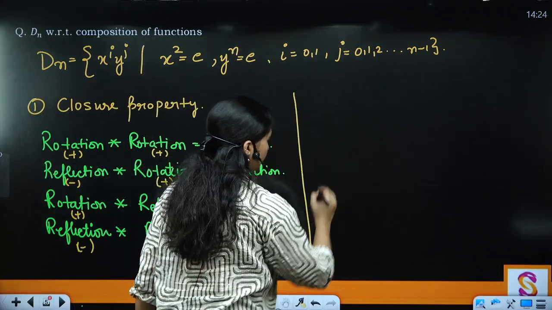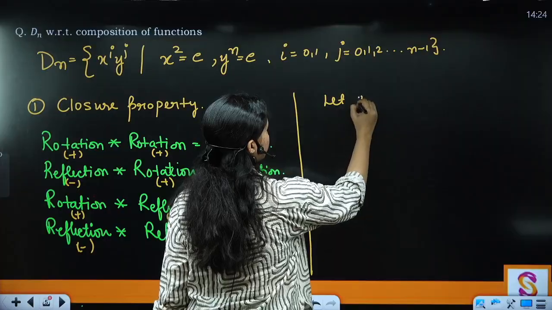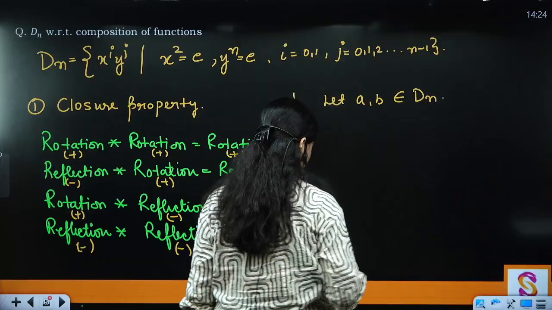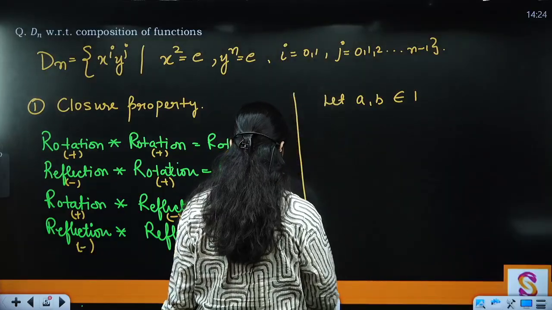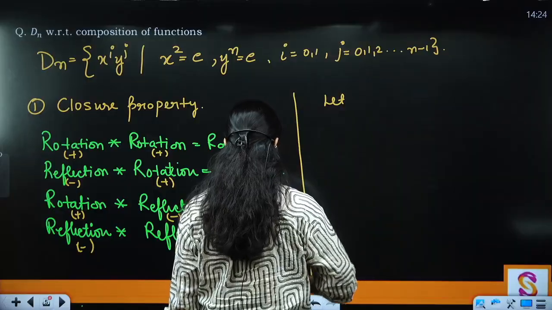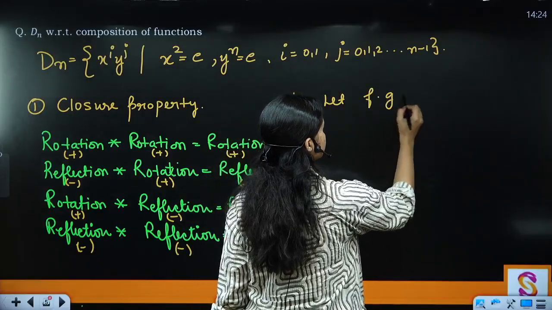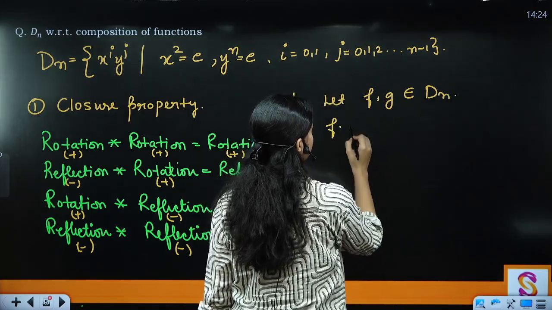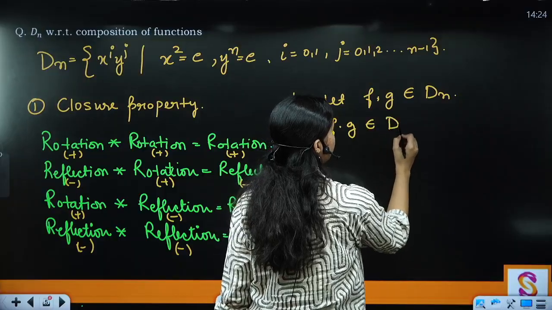Now let A comma B belong to Dn, or I should say, let's take f and g since we are taking them as functions. f dot g will also belong to Dn.